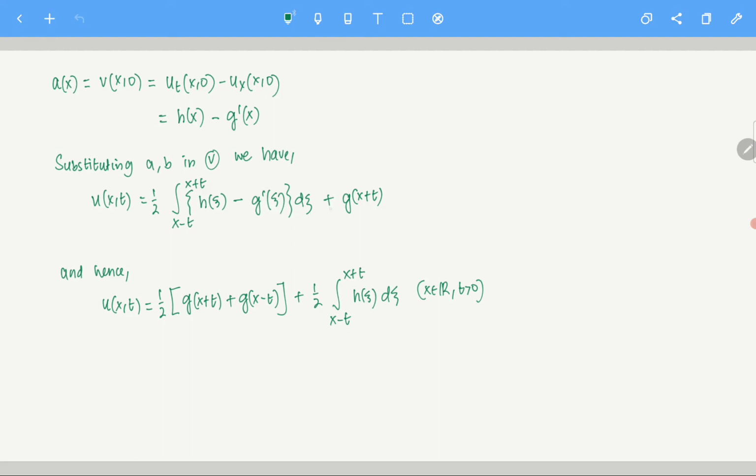And then when it gets incorporated with plus g of x plus t, that will give you u of x, t to be whatever is written here. Clear? This is from the fundamental theorem of calculus. So we are using the fundamental theorem here to get this.